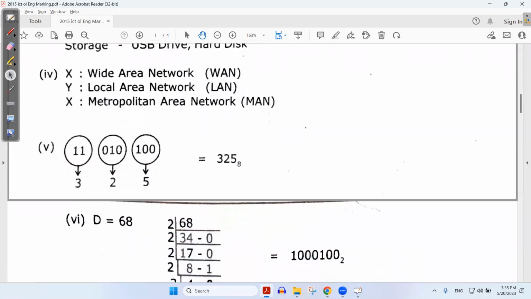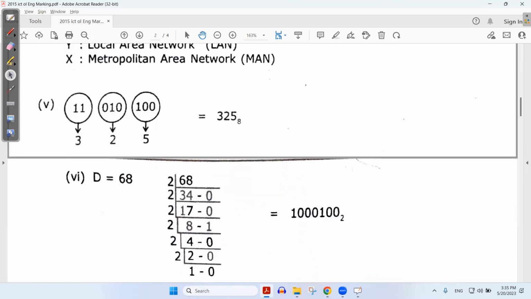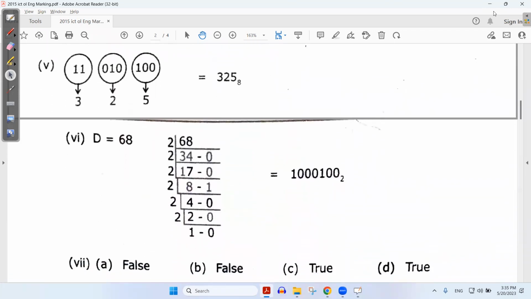And the fifth one, it's an easy calculation that they have given to you to convert this particular binary value into an octal. So they have shown you how to change it. Like these places, they have 1, 2, and 4 as the place values. Here the same place values.